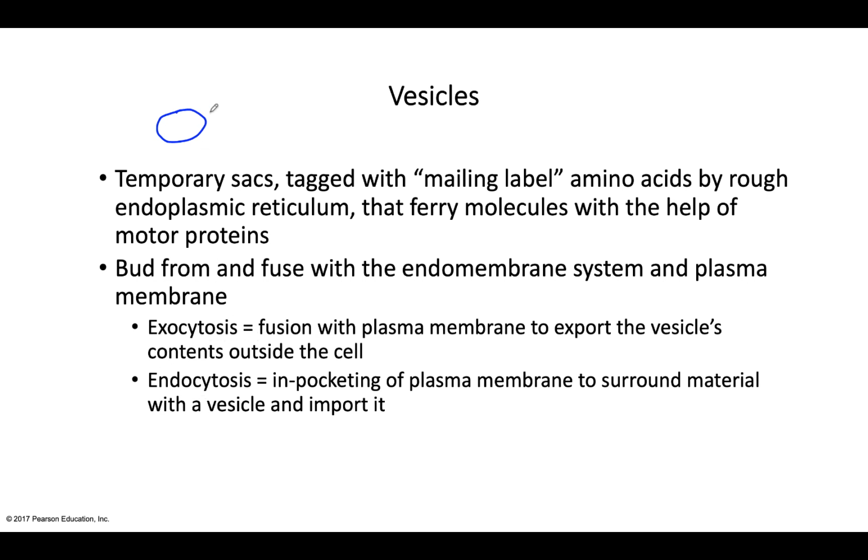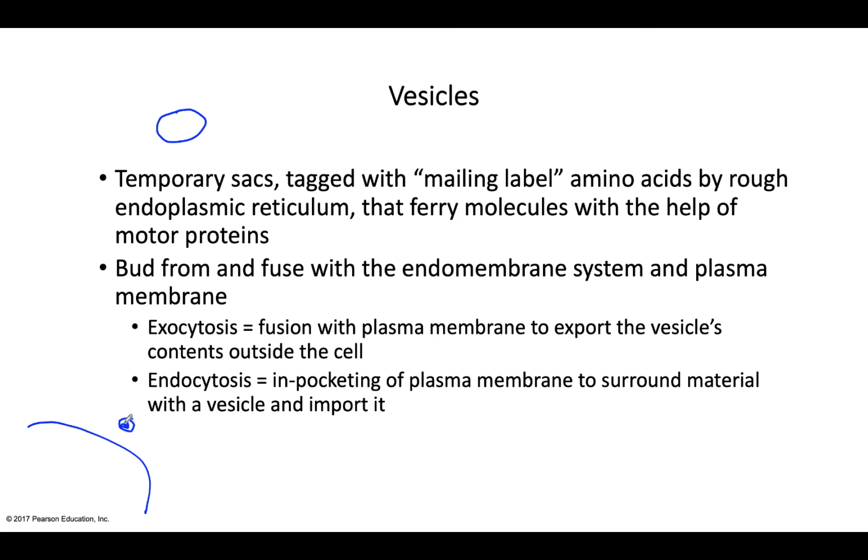Exocytosis means this vesicle can fuse with the plasma membrane. Then some content inside the vesicle can be exported outside the cell. We call that exocytosis. Also, some vesicles approach the cell with some molecules inside.